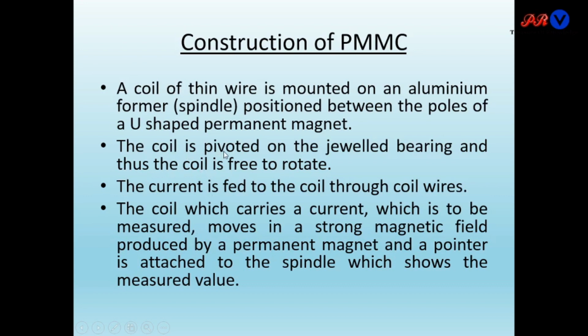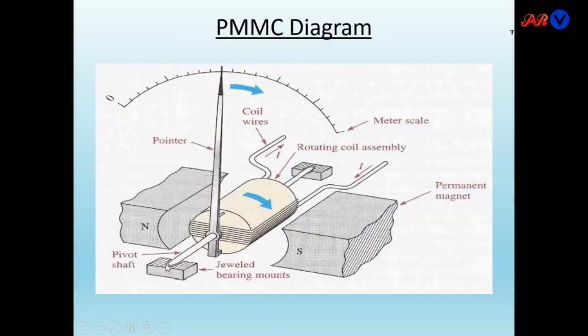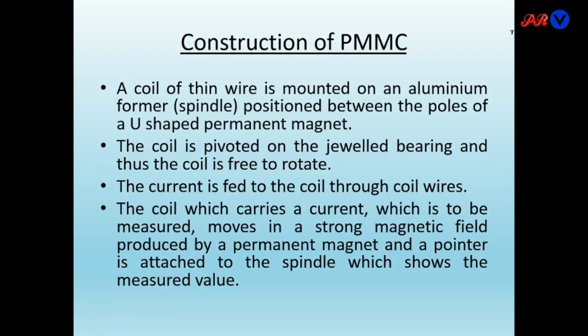The coil is pivoted on the jeweled bearing, and thus the coil is free to rotate on the jeweled bearing. So this is the jeweled bearing, and when this coil moves, it is free to move by using these jeweled bearing mounts. The current is fed to the coil through coil wires.